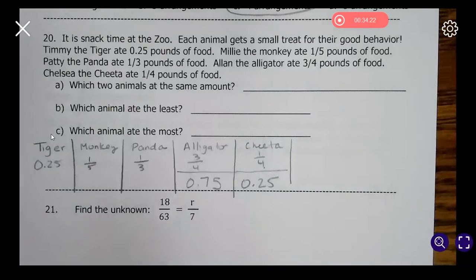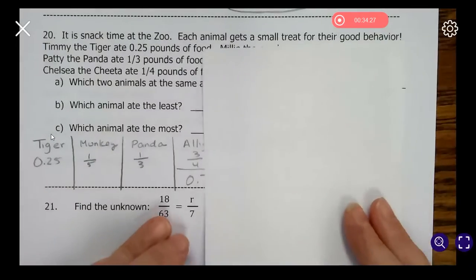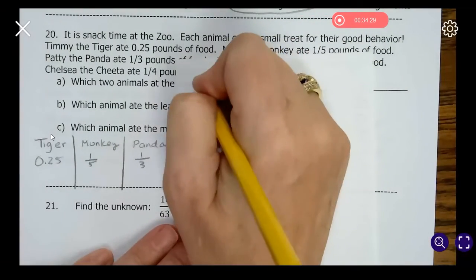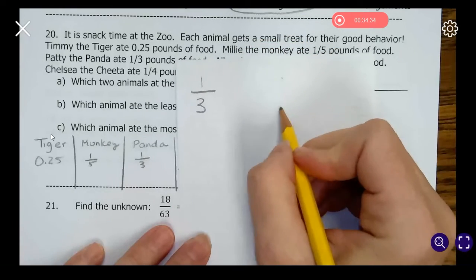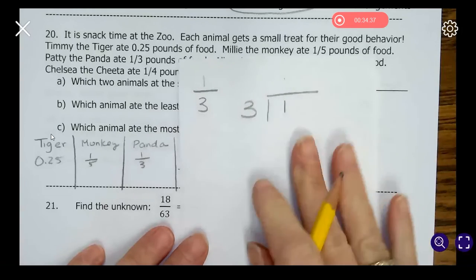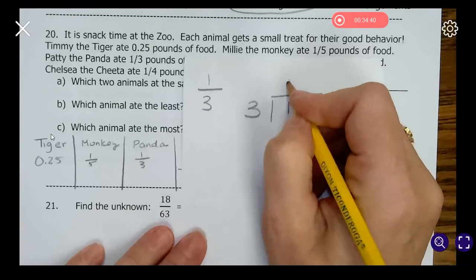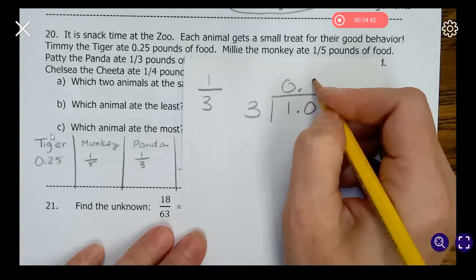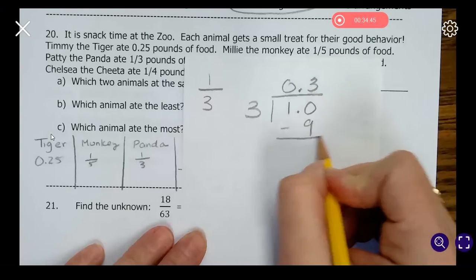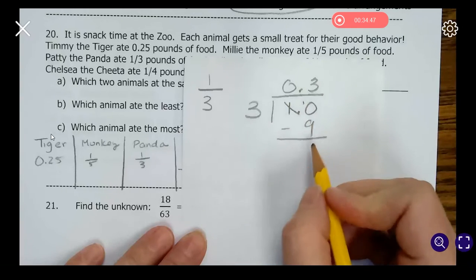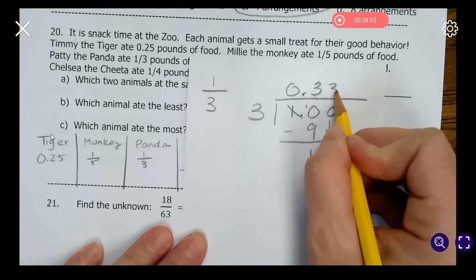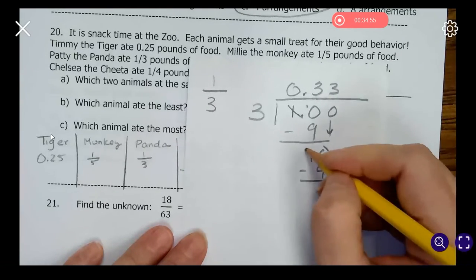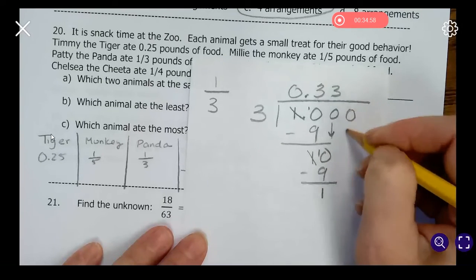All right, next we have 1/3. Now again, 1/3 is one that at some point you should remember is 0.33333 repeating. This is 1 divided by 3. Can you see how this just keeps going on and on?